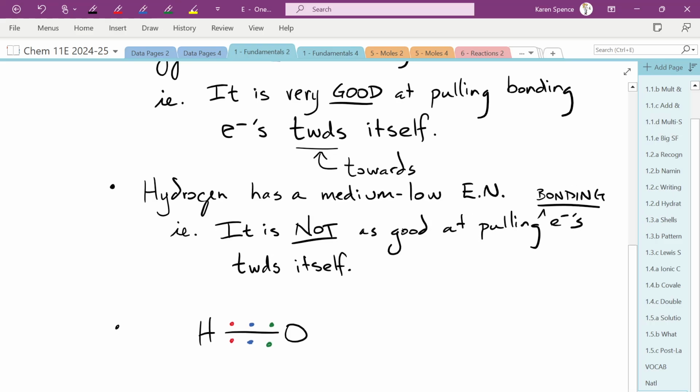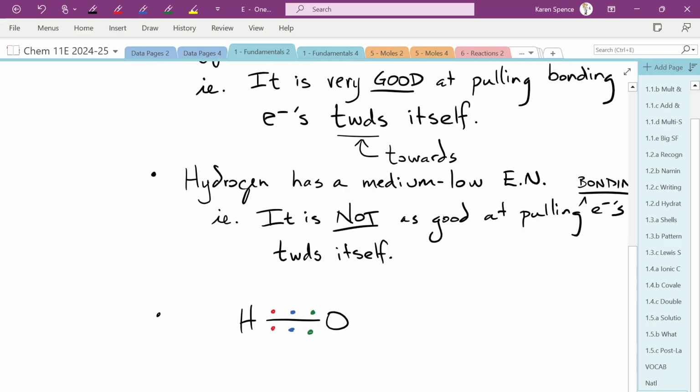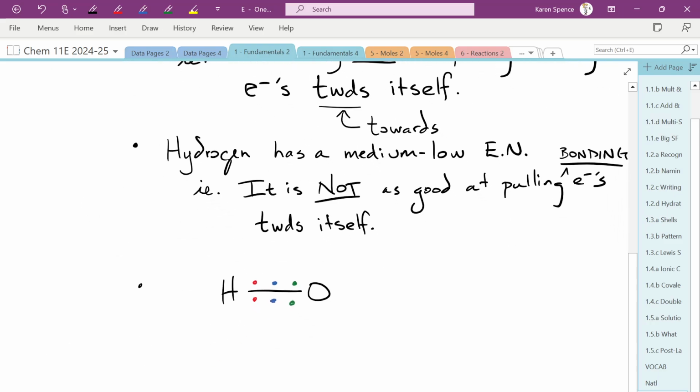And if you can't tell the difference between those colors, let me know. Where do the bonding electrons end up? Do they end up in the position of the red electrons? Do they end up in the position of the blue electrons? Or do they end up in the position of the green electrons? Chat with your partner about that.